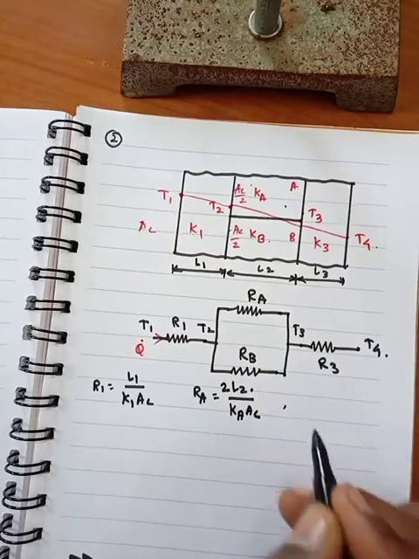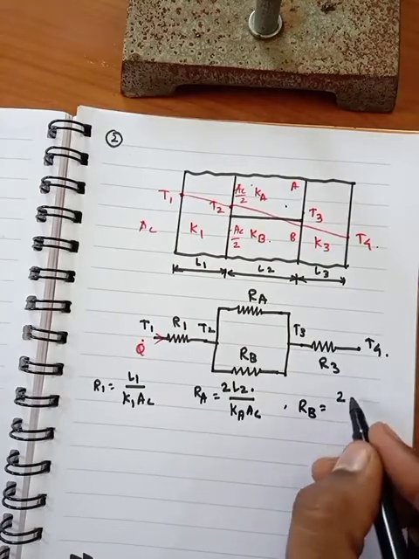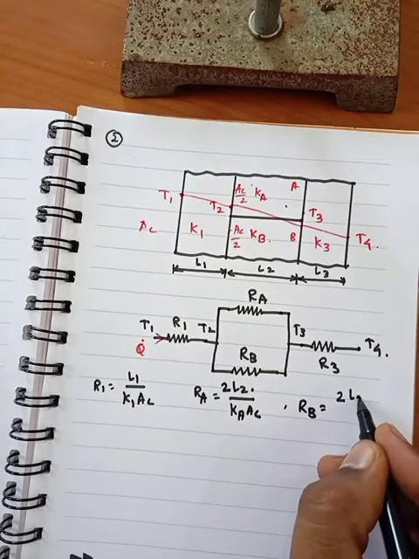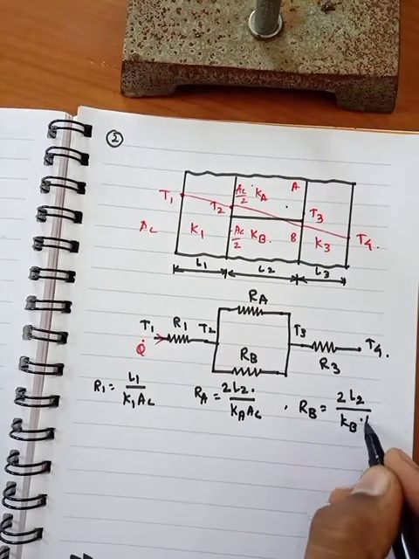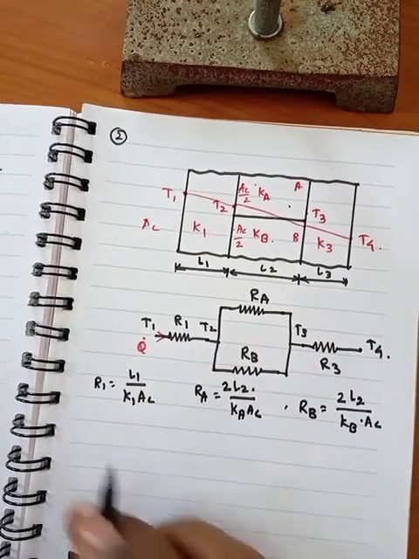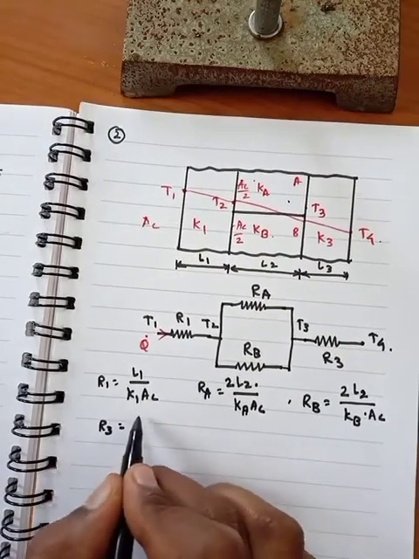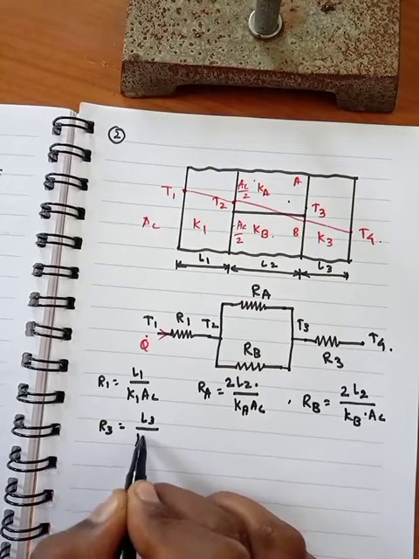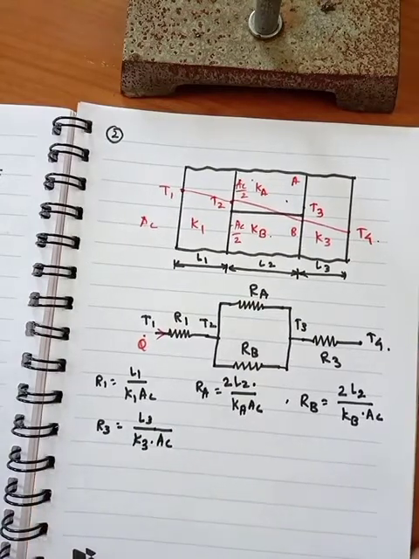Then RB is equal, similar to that one, to L2 divided by KB into AC, again multiplied with 2. And the last one is R3, equal to L3 divided by K3 into the cross sectional area, which is the same.